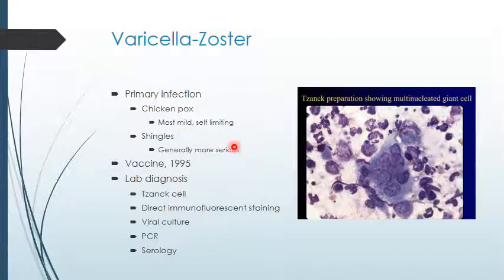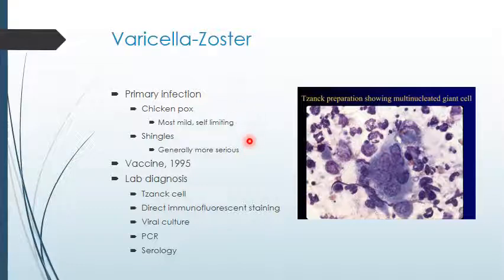Now, generally speaking, shingles is more serious. It still just produces a pox, but the reality is this pox from shingles is much more painful than the pox from chickenpox. Chickenpox is itchy at the worst. Shingles pox are painful, very painful, okay?